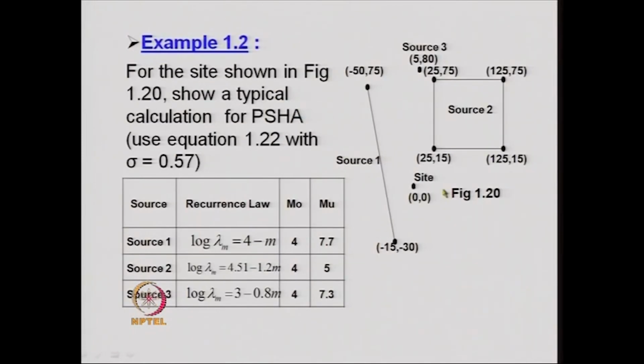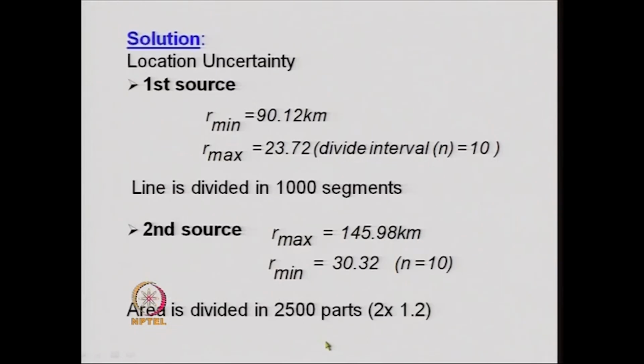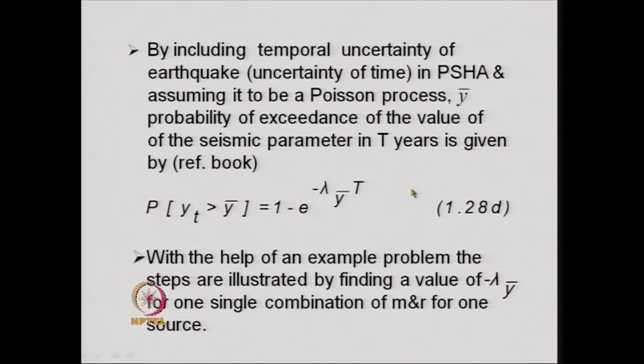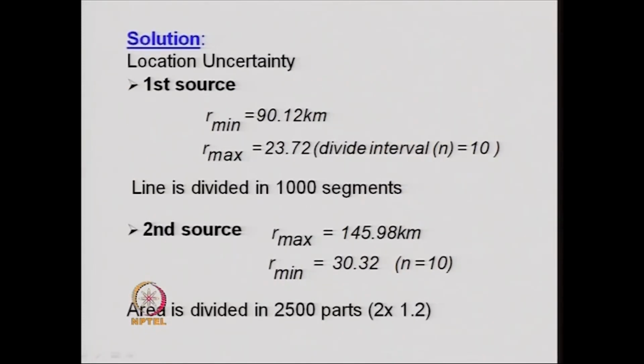That means if I join these 2 points, the distance will be 90.12, and the R minimum will be, if I draw a perpendicular from this side to this source, then that perpendicular distance is 23.72.